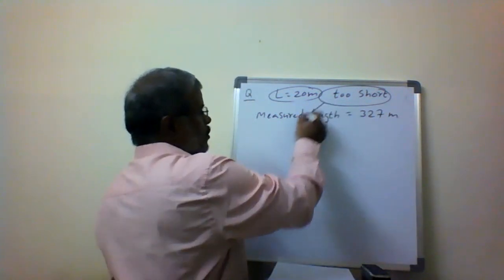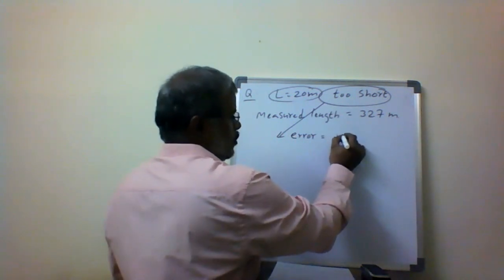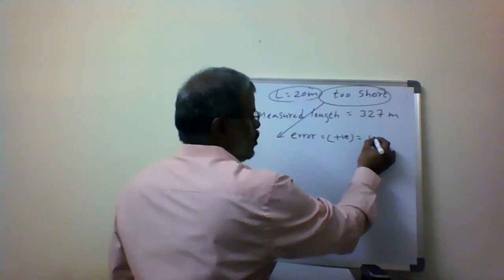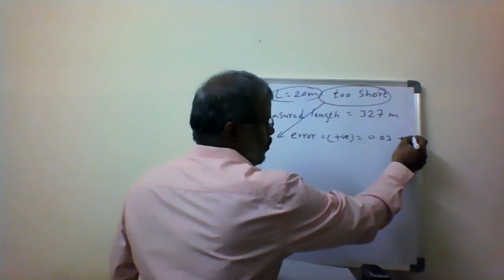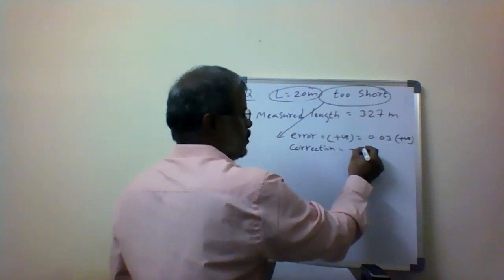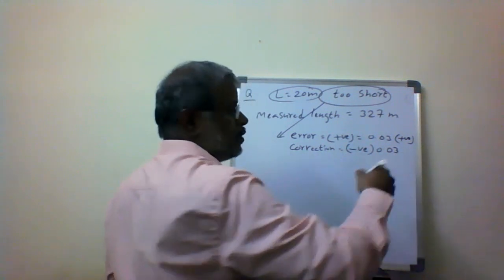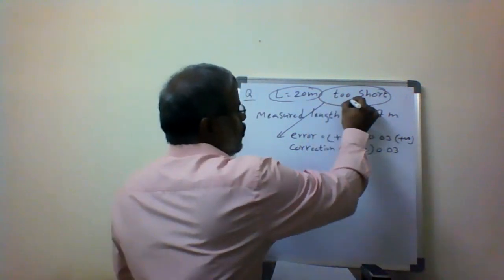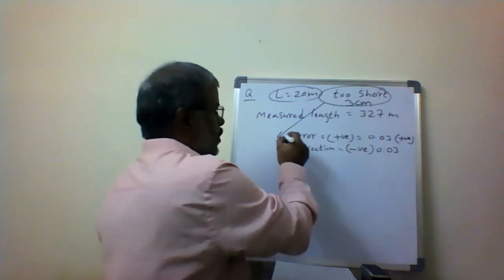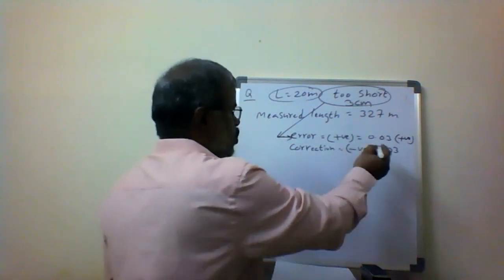If the chain is too short, error is positive, 0.03, and correction is negative 0.03. So too short by 3 centimeters. Error is positive 0.03 and correction is negative 0.03.